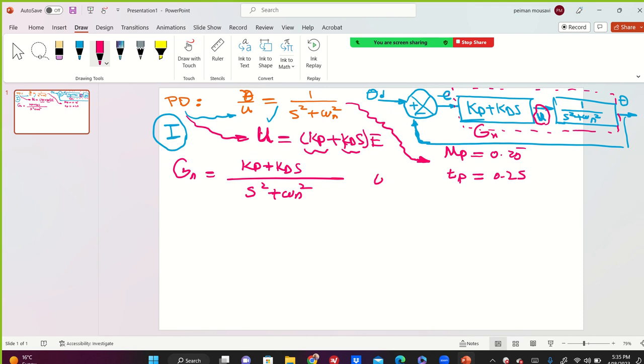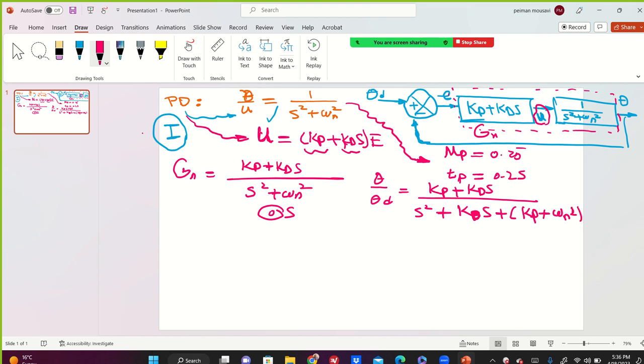And you know that the closed loop transfer function of this, as you have in your notes, is Kp plus KdS in S square. Now you are adding the missing S from here: Kd S plus Kp, S plus Kp omega n square, from the previous class.